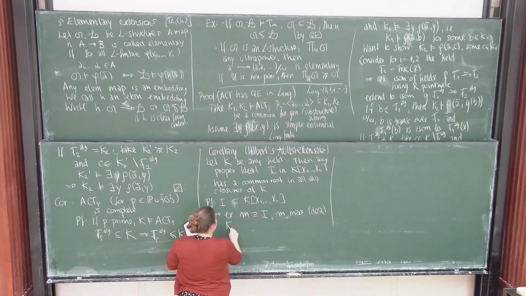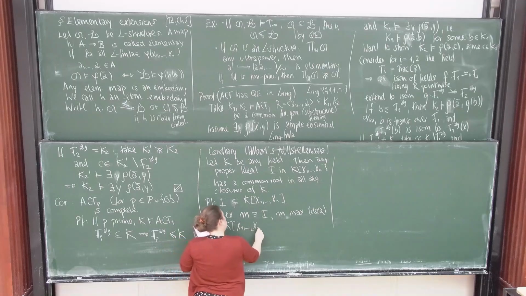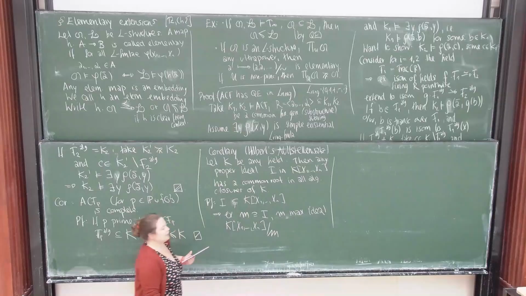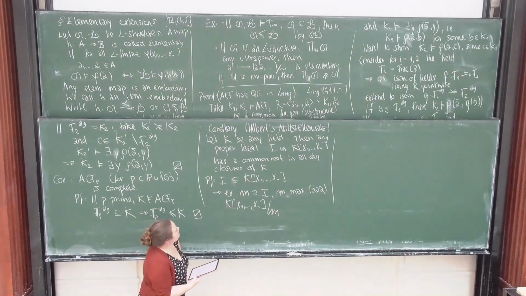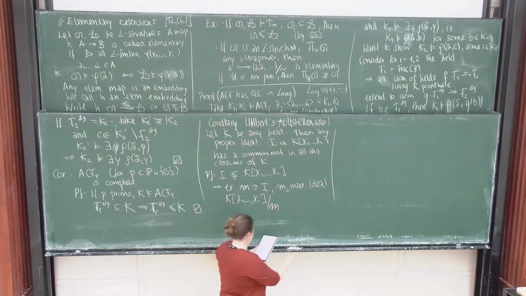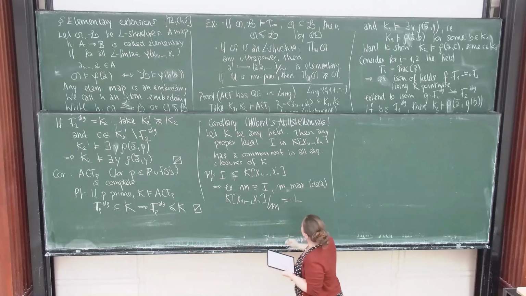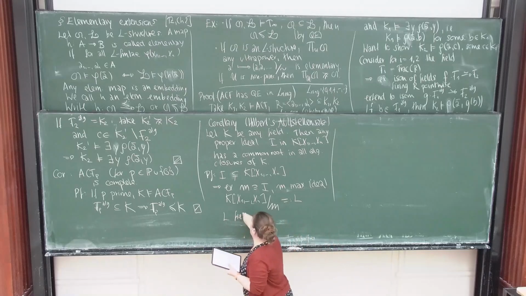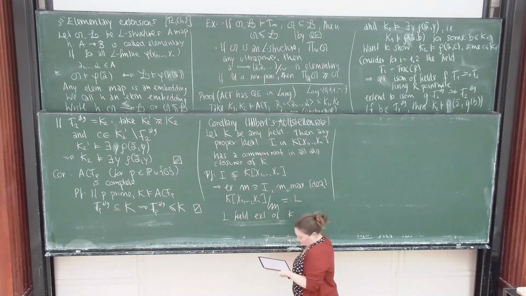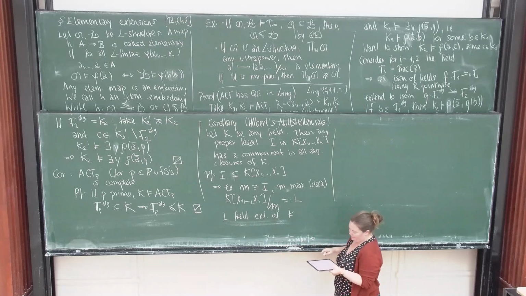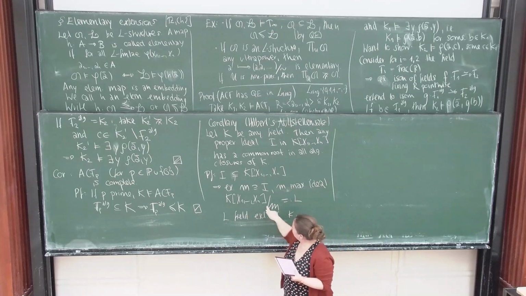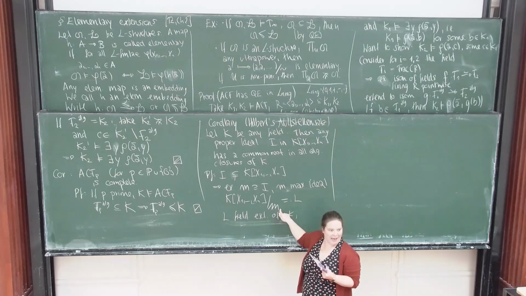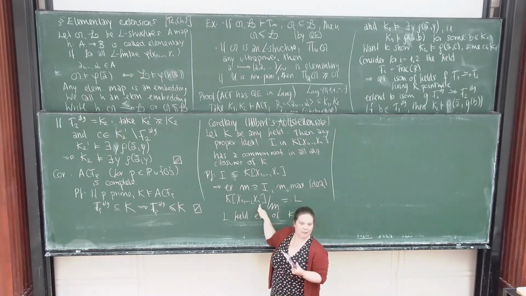So now let's look at K adjoint x1 up to xn modulo m. This is a field, let's call it L. L is a field, L contains K. And in this field L, there's a common zero for all elements in M, namely just the images of x1 up to xn.